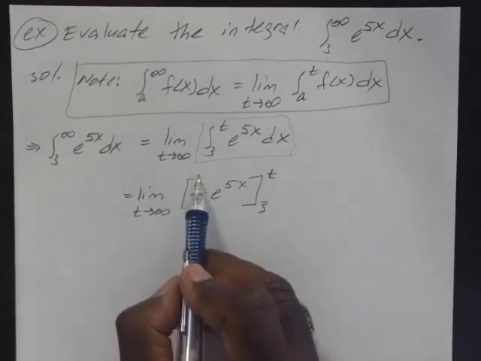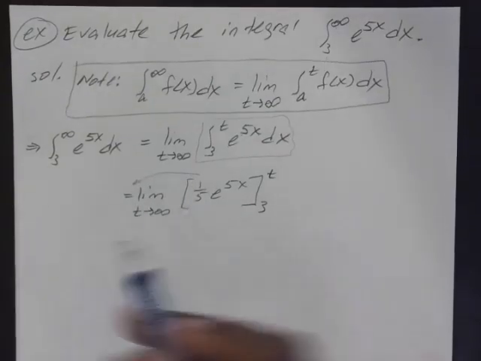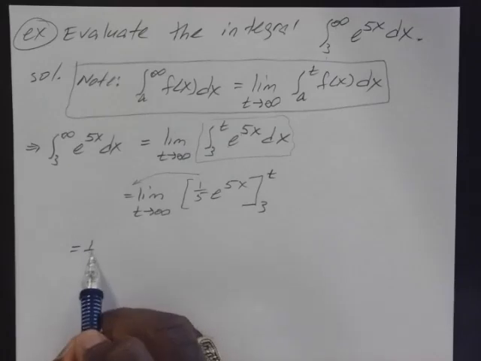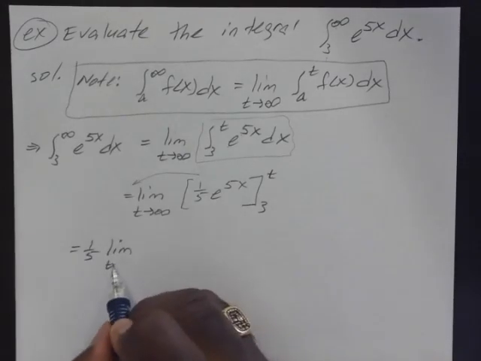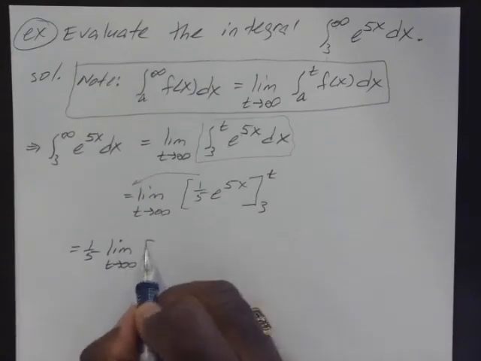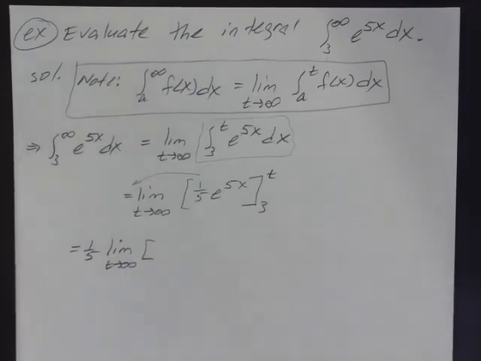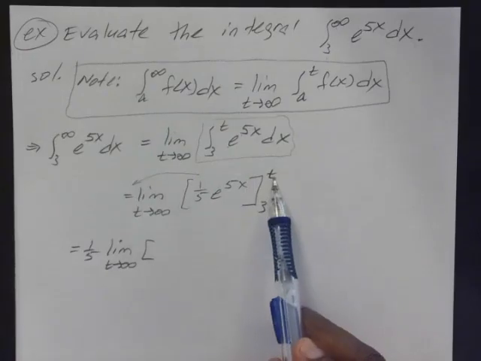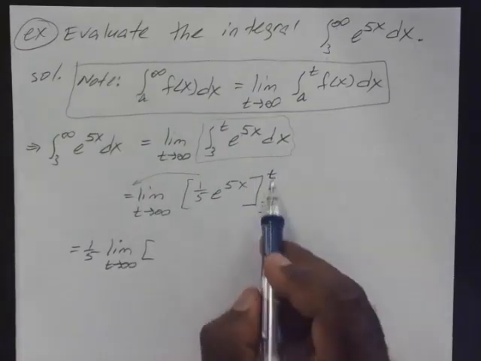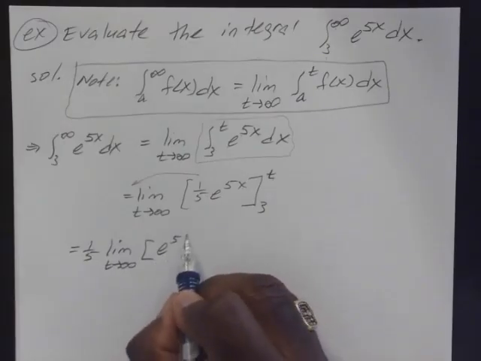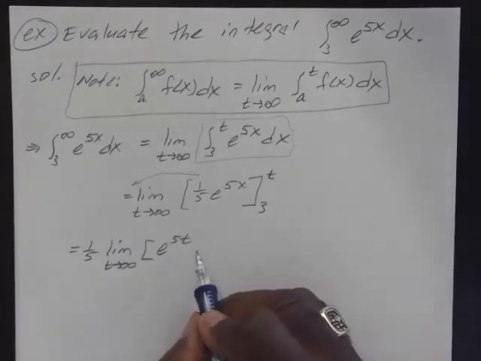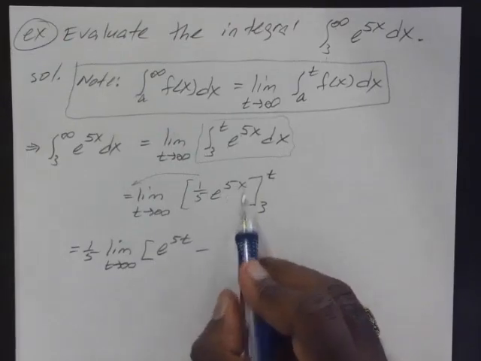And that 1/5, we're going to just factor out to the front, times the limit as t approaches infinity. And now we just apply the fundamental theorem. So we plug in our upper bound: e to the power of 5 times t minus e to the power of 5 times 3.